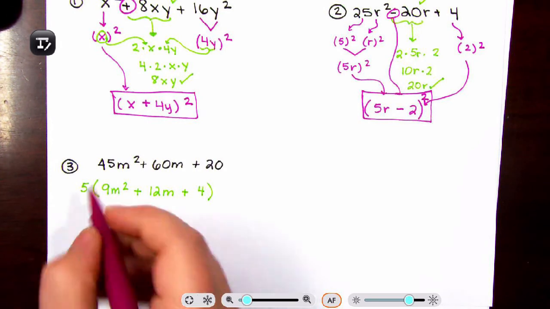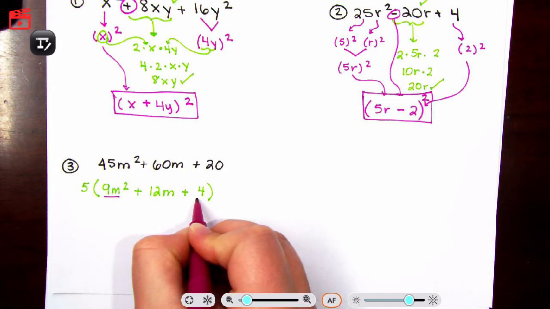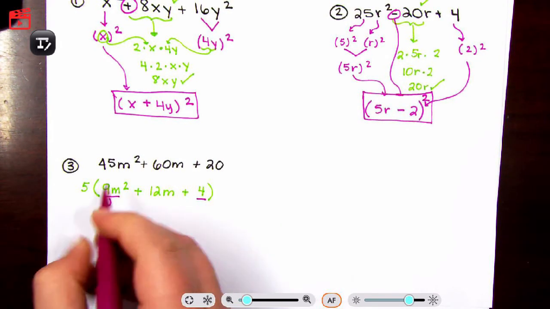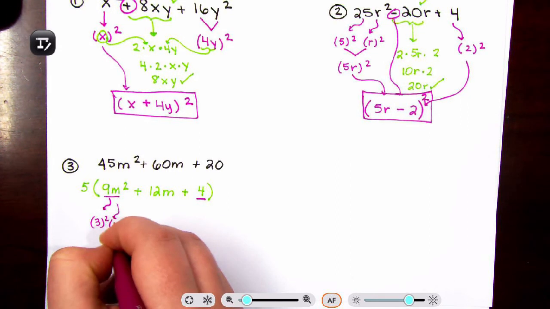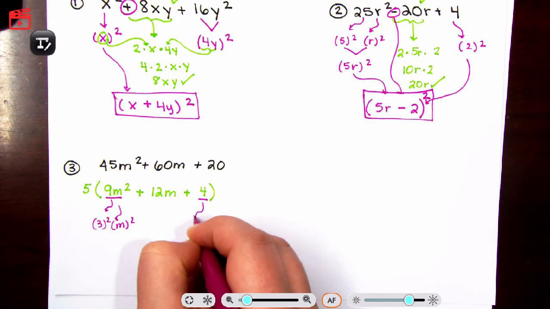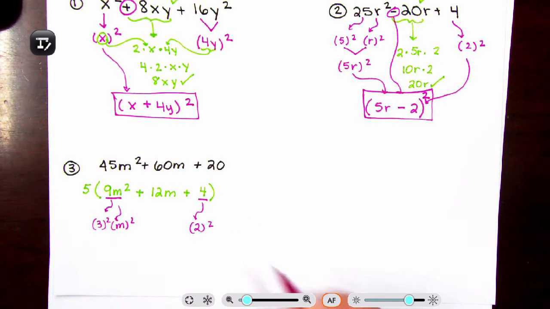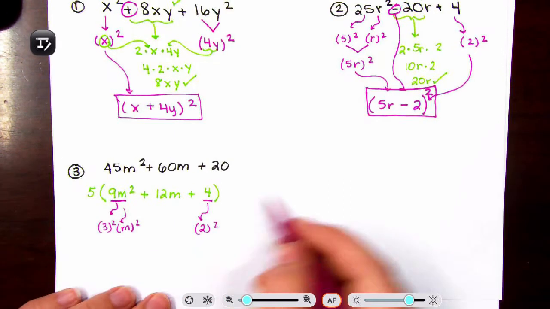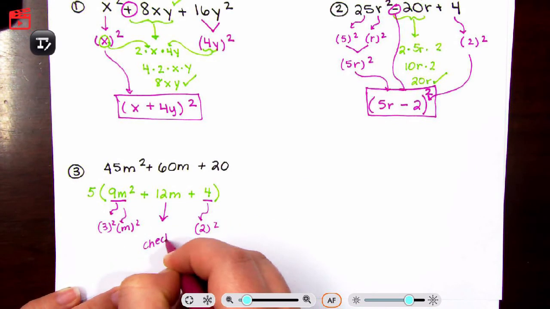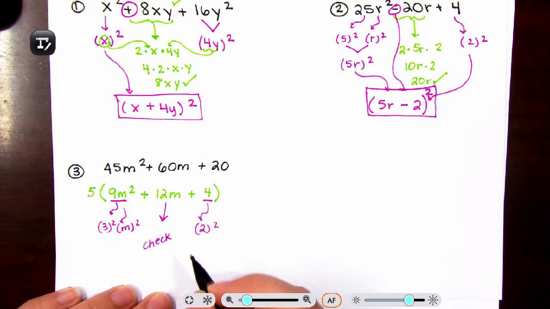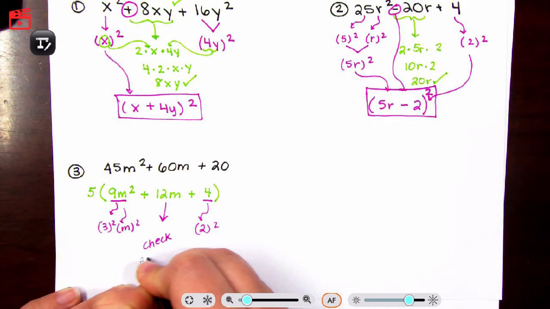Now I'm excited because m squared is attached to 9. 9 is a perfect square. So I have 3 squared. I also have m squared. Here I have 2 squared. So now we have to do our middle term check. So 2, check. I'm going to change color so that way it doesn't blend in. So I have 2 times, what's my a term?